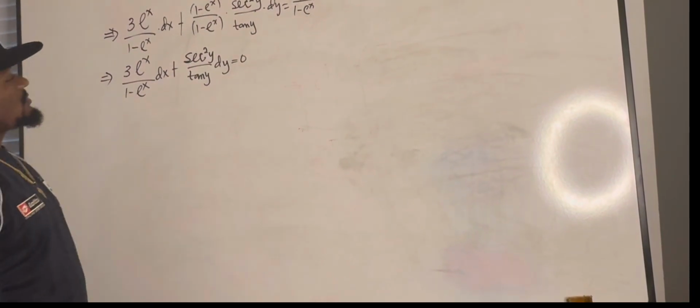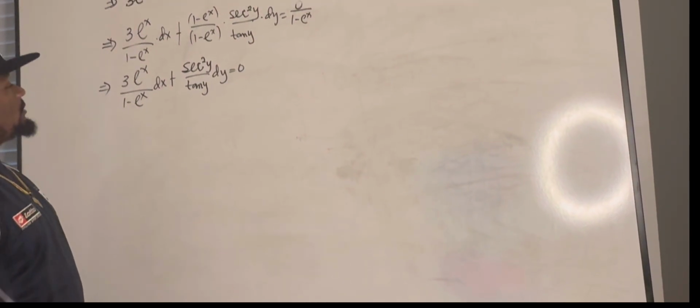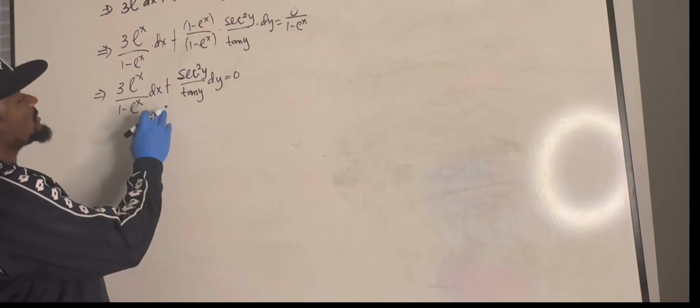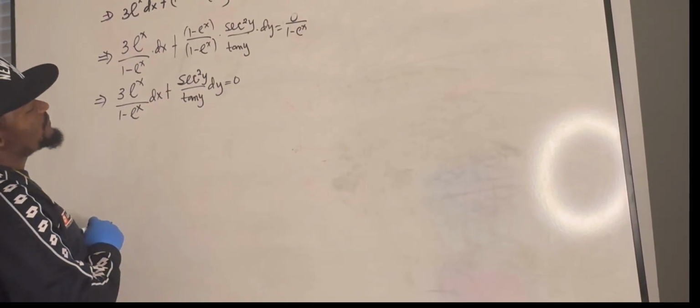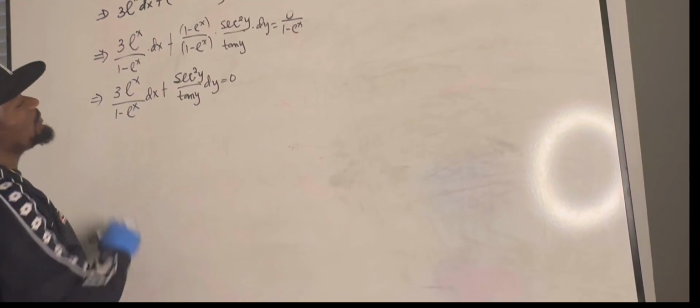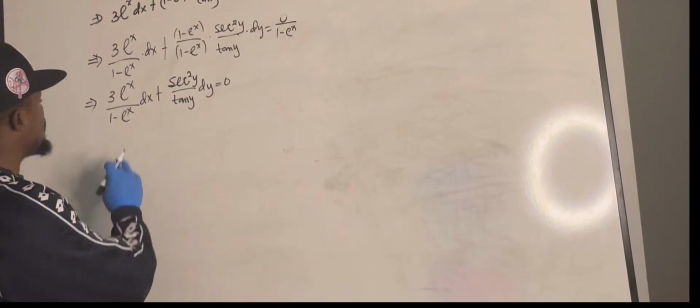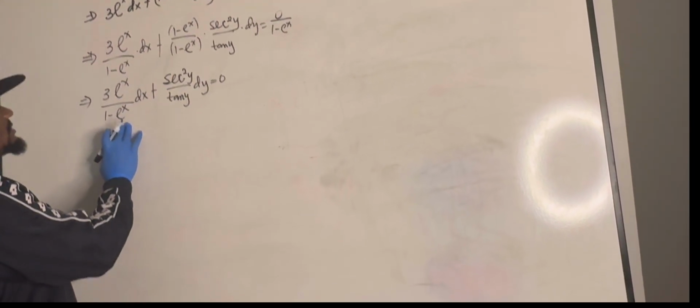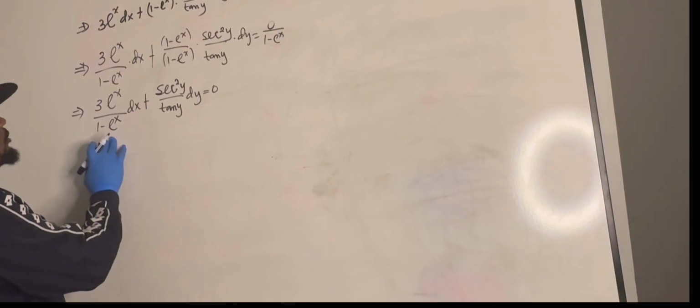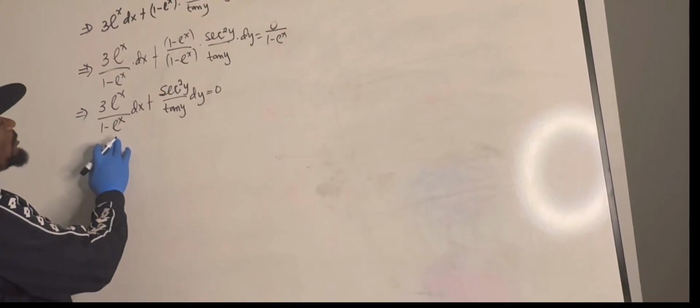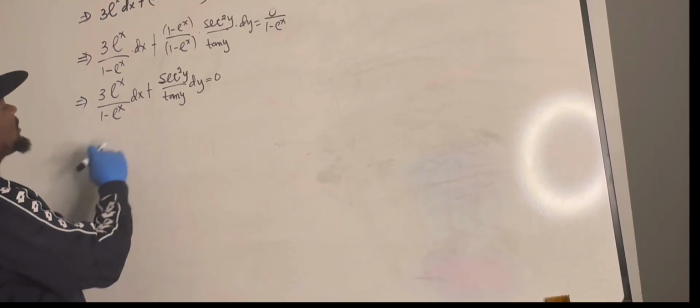Of course, we can subtract this term on both sides. Now, I would like us to subtract this term on both sides: 3e^x divided by 1 minus e^x dx. Let's subtract that on both sides.